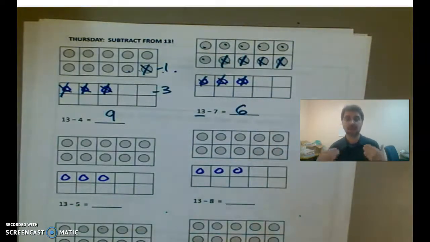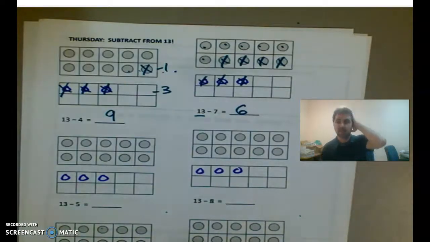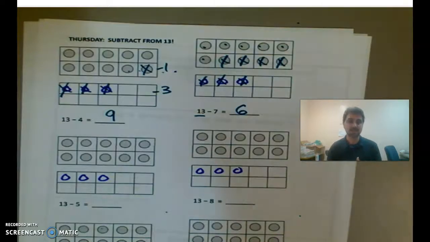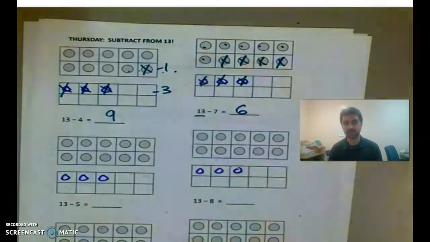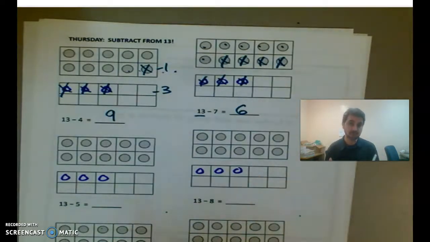The way that I'm trying to push you to do it and encourage you to think about it is a little bit more efficient, which means it's still correct, but it's a little bit faster than crossing off each one. Think, if I'm doing 13 minus 7, if I subtract 3, I get to my 10.